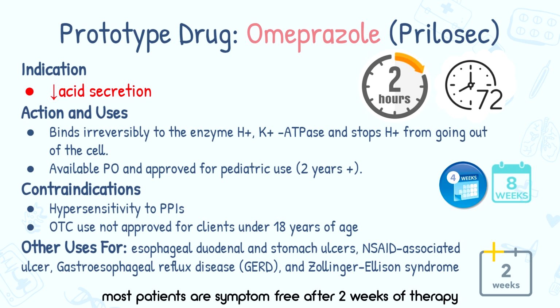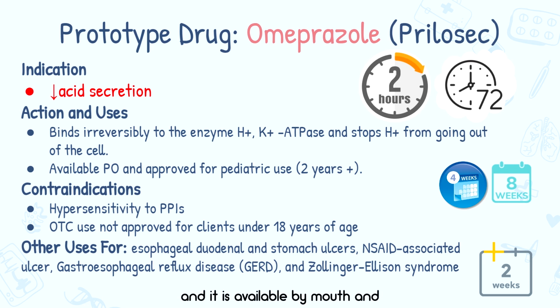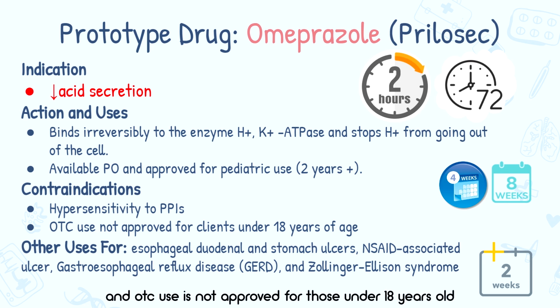Most patients are symptom-free after 2 weeks of the therapy, and it is available by mouth and approved for pediatric use in children ages 2 and up. Some contraindications of this drug are hypersensitivity or allergy to proton pump inhibitors, and over-the-counter use is not approved for those under 18 years old.